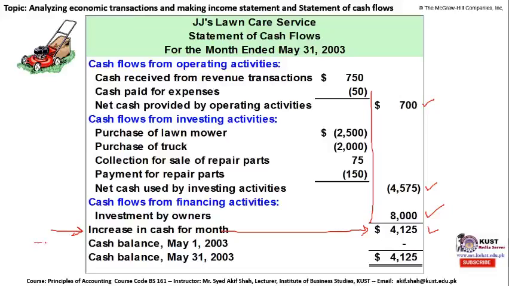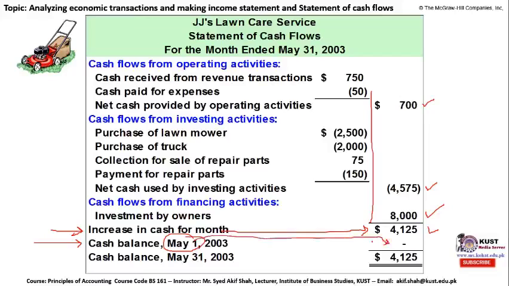The last step of this statement of cash flow is to incorporate the initial cash balance on May 1st. Sometimes the question elaborates that the starting cash balance was, let's suppose, $100 or $200. That data needs to be picked up from the question and plugged in over here.